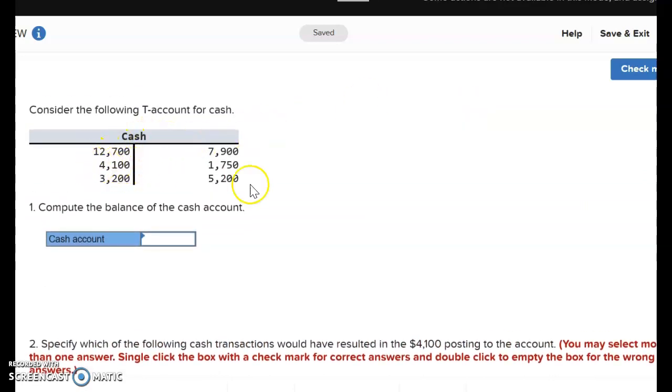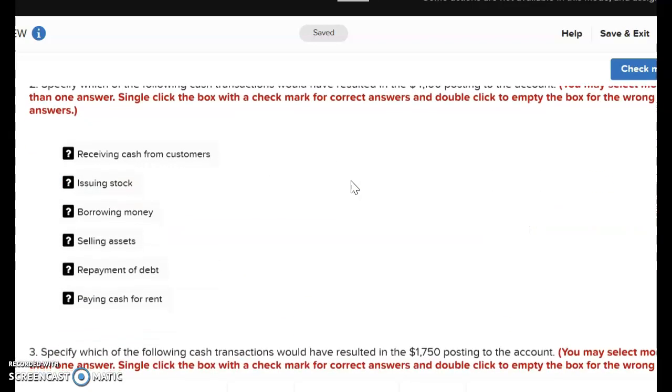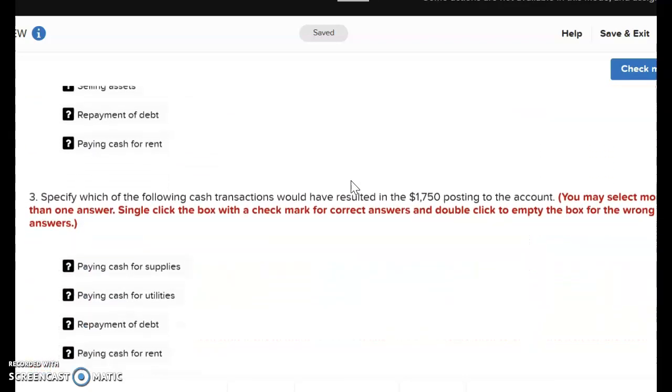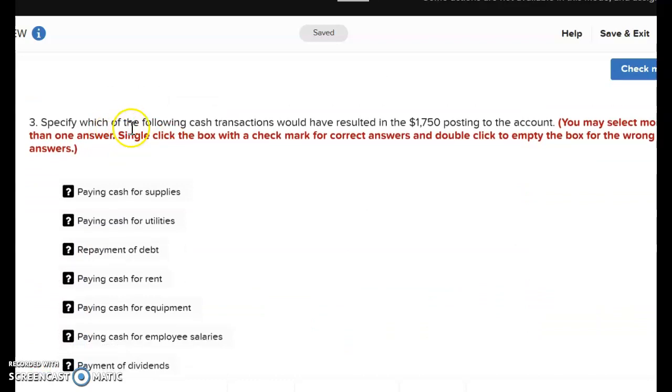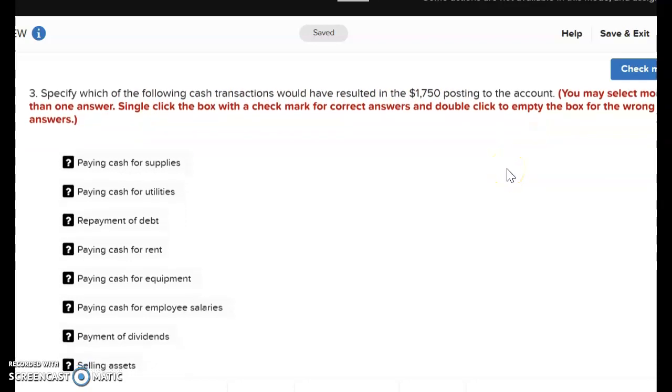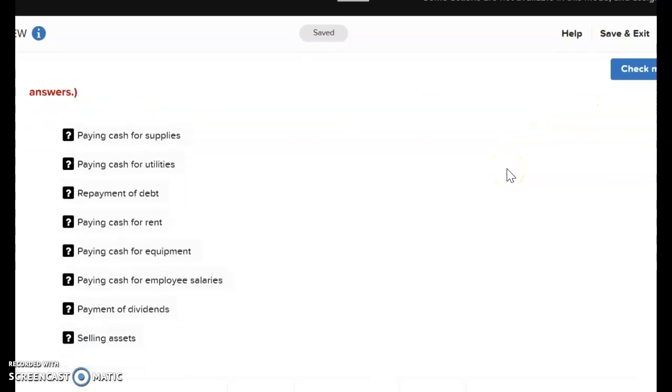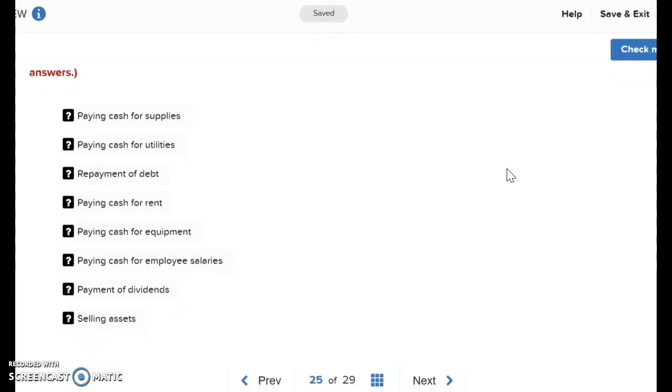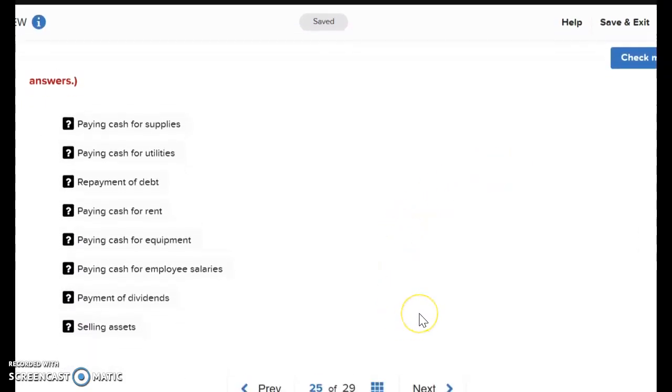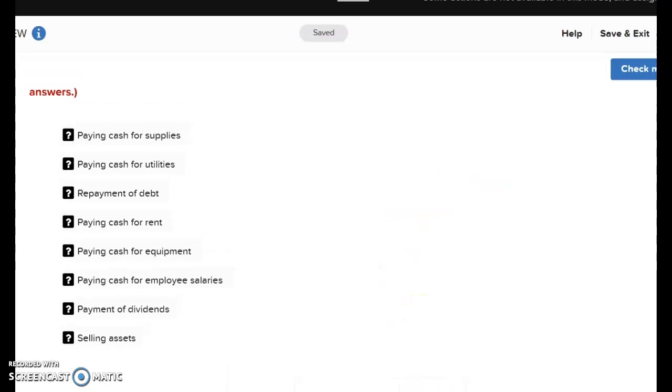So they want to know what types of transactions could have caused that. And then, which of the following cash transactions would have resulted in the $1,750 posting to the account? Same idea as the previous one. All right, that's all in number 25.